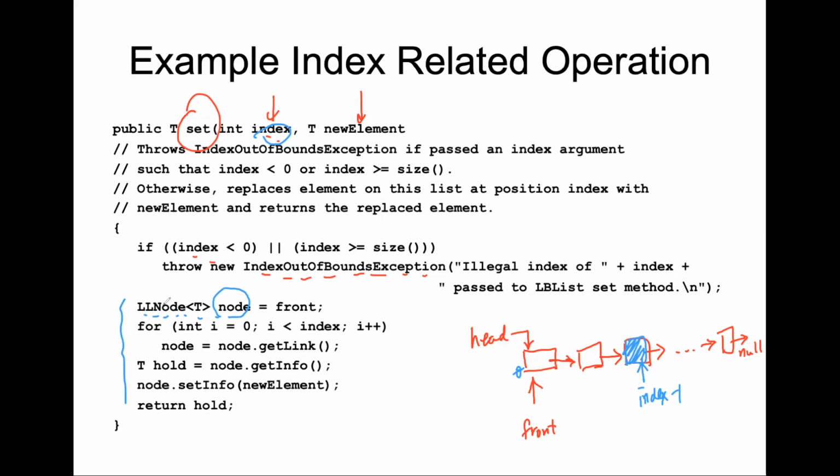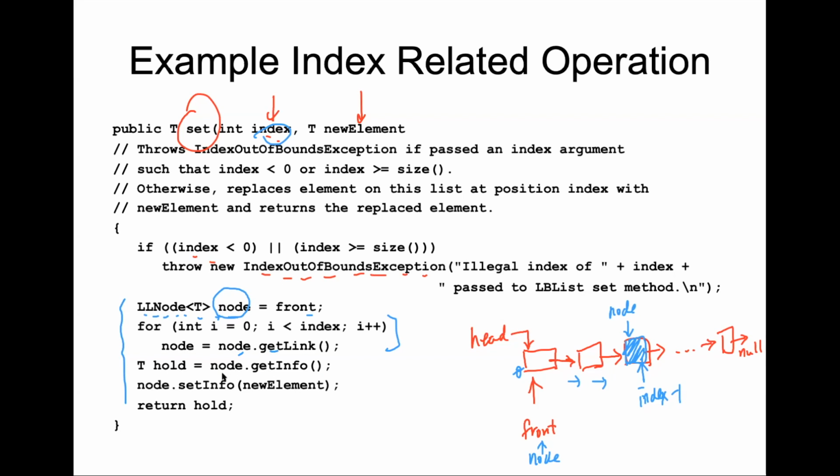Now, starting with node equal to the front, initially, our reference node starts with front. And through this iteration, we're able to move node equals node get linked to the next one, until we get to this target location. At the index, your node is pointing to this removed element.